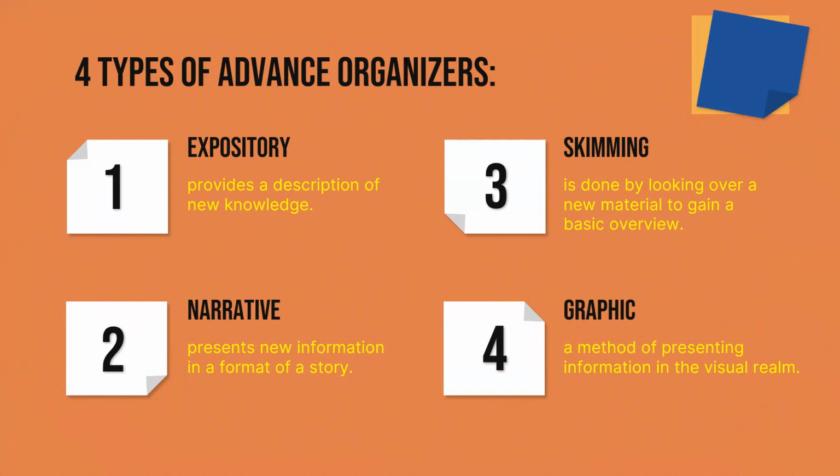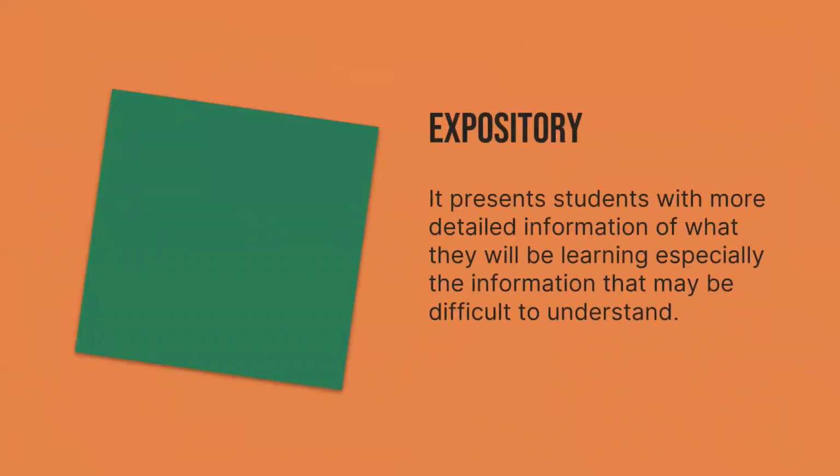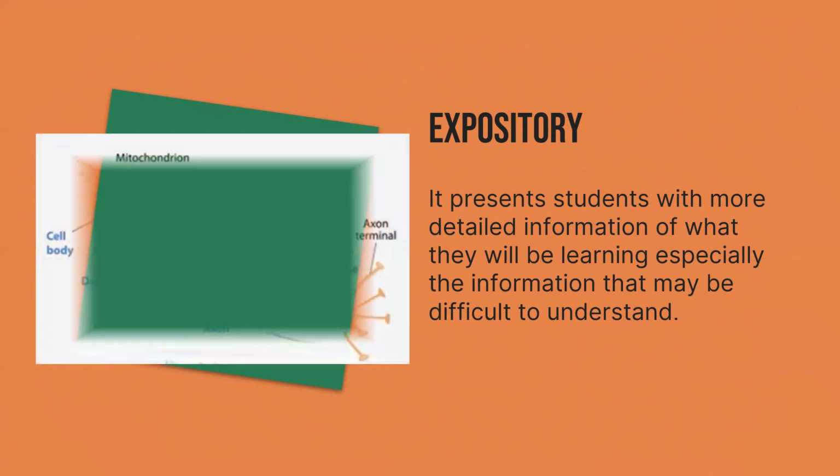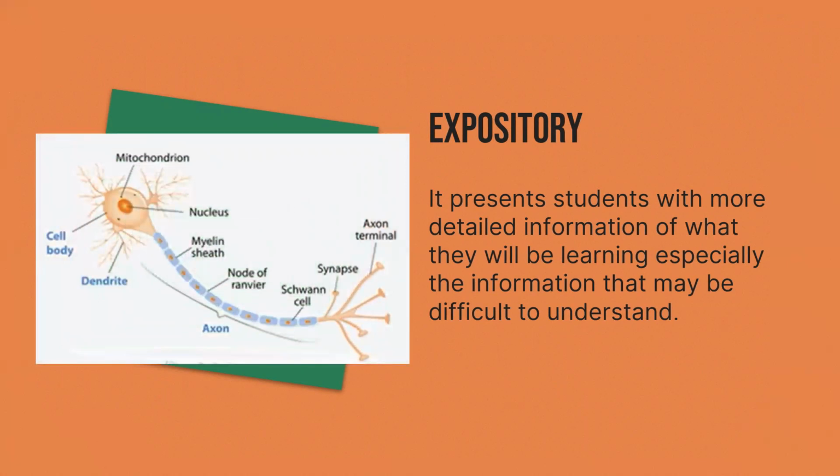First, let's get into the first type of organizer, expository. This one presents students with more detailed information of what they will be learning, especially the information that may be difficult to understand. An example here is the lesson about a cell.